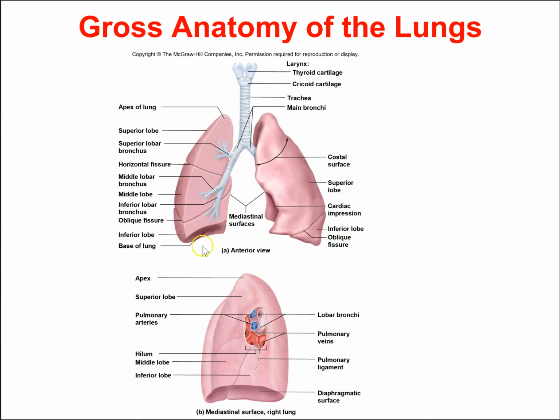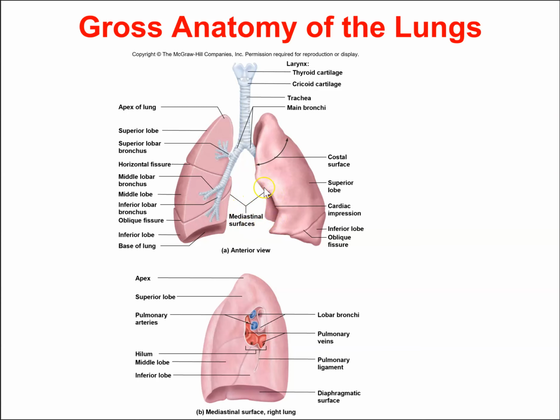And the right lung has 3 lobes, and it contains an indentation right over here. The right lung is shorter because it is pushed upward by the liver. The liver sits right over here. The left lung consists of 2 lobes, and it has an indentation because of the heart.